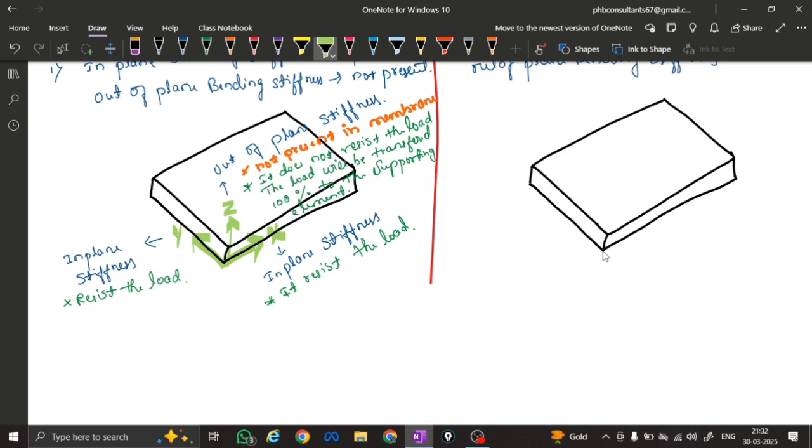Similarly, in shell element, in this also, this is x direction, this is y direction, and this one is z direction, right?